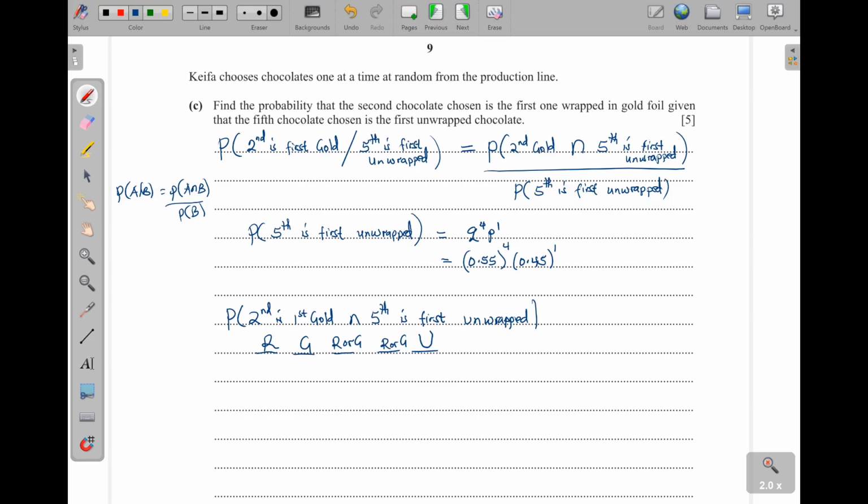Now, what is the probability of getting red? It was given as 25%, so that is 0.25. Then times the gold, which is 30%, which is 0.3. Now, red or gold, when we add them together, we get 55%, which is 0.55, and also here 0.55. Then the next one, unwrapped, is 0.45.